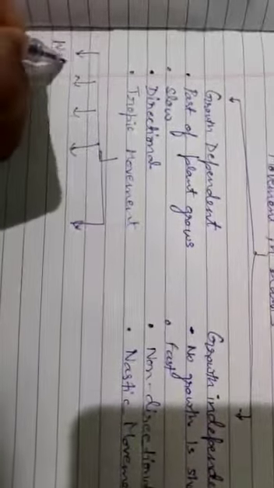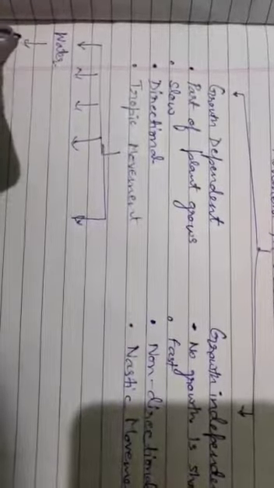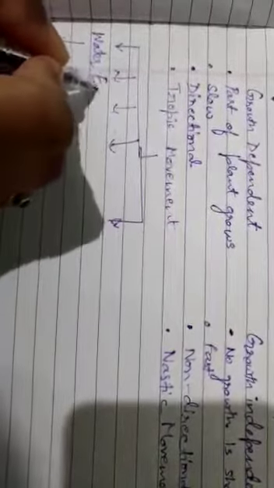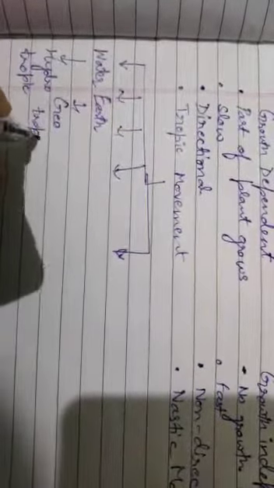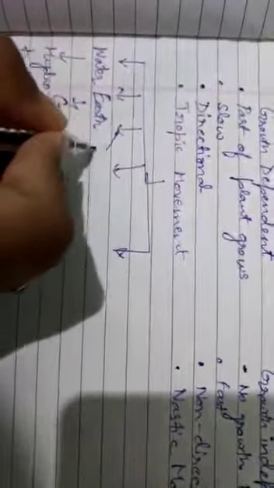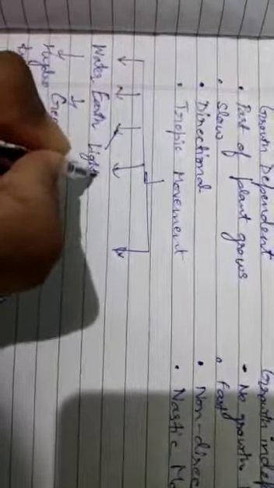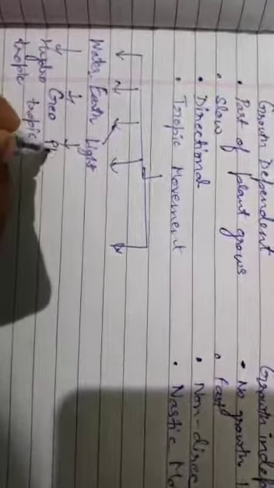If water is a stimulus, we say this movement is hydrotropic movement. If earth is a stimulus, we say this type of movement is geotropic movement. If light is a stimulus, it is phototropic movement.